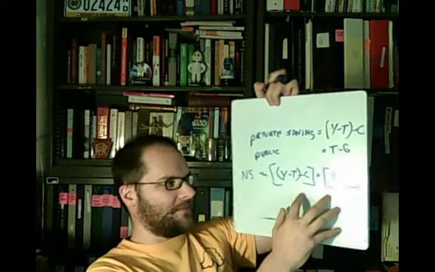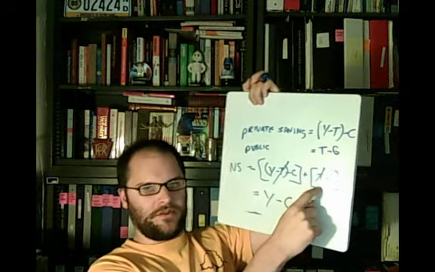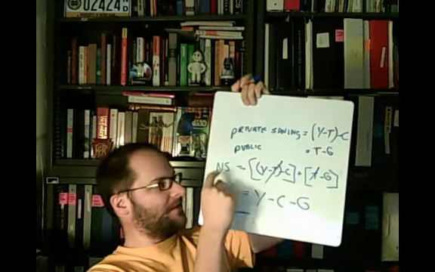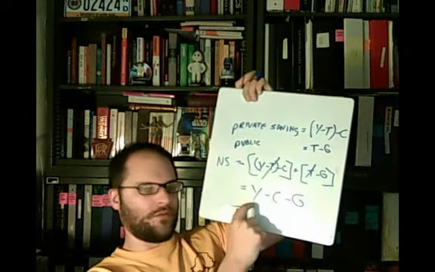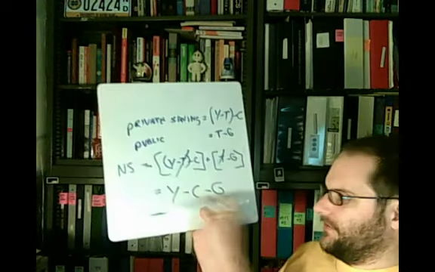Now this looks really complicated, but fortunately we can cross some things out. We can cross out our T's, which means, right, because this is a minus T, this is a plus T, we can get national savings to be simply Y minus C minus G. Now, you'll notice that the interest rate plays no role in this amount of savings.